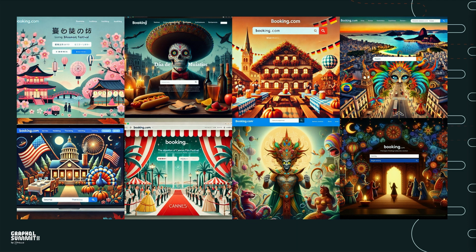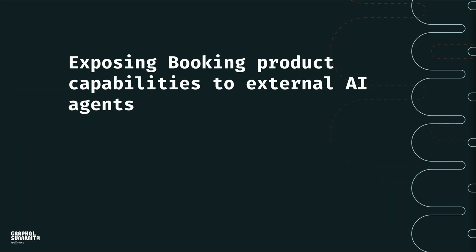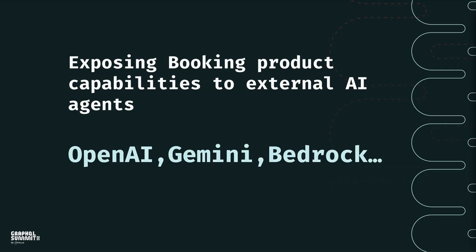in our stack. And lastly, another thing that we are working towards is to expose our product capabilities to external AI agents. Now, mostly we are leveraging internal agents, but we know that it is the way to go.